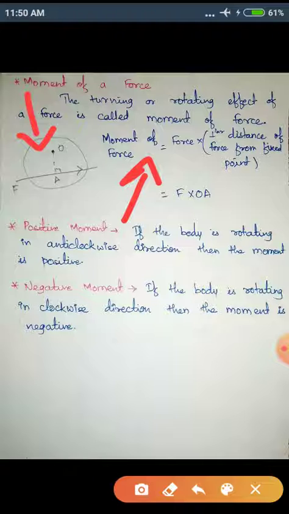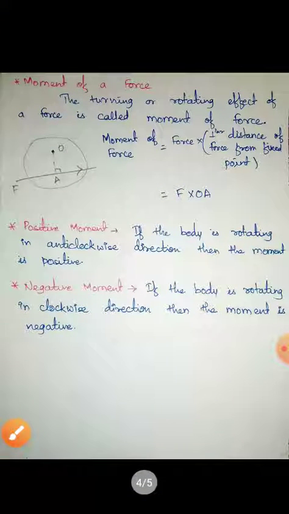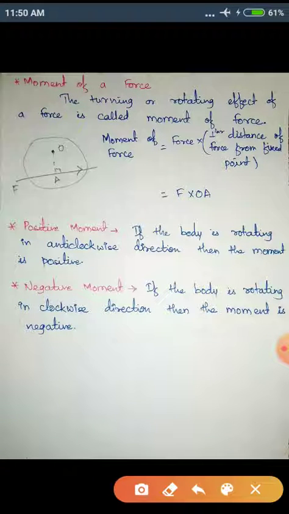Now we will see what is positive moment. If the body is rotating in anti-clockwise direction, then the moment is positive. This is anti-clockwise direction. So if I am applying a force and the body is rotating in anti-clockwise direction, then this moment is called positive moment.